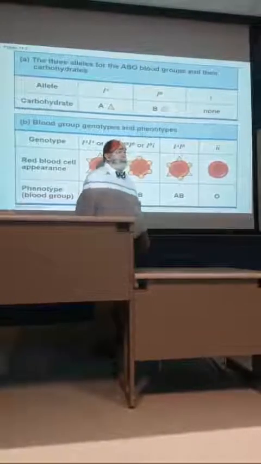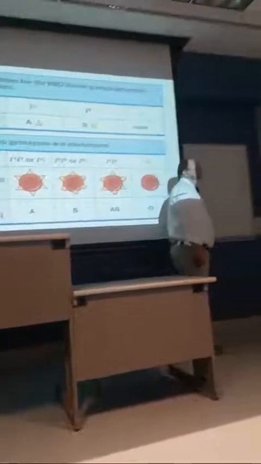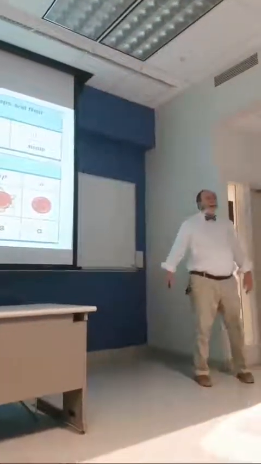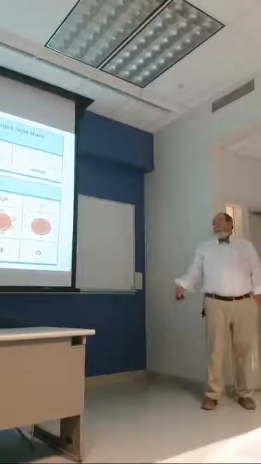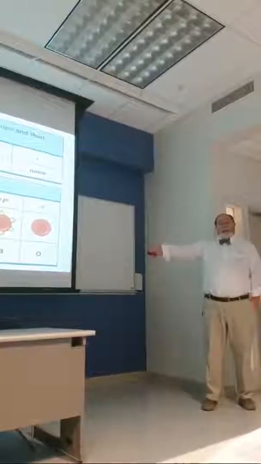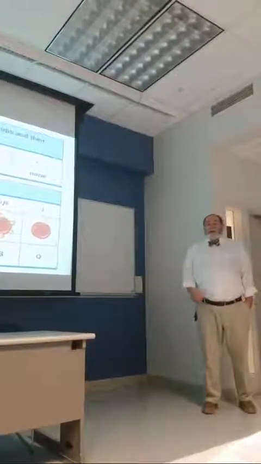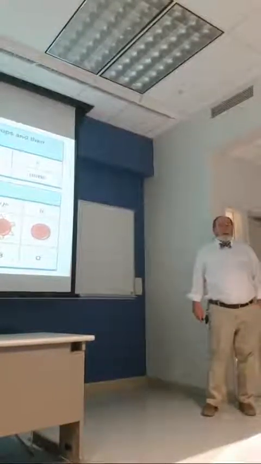Now, we ask this question, can a person who is type AB be the father of a child that's type A? Of course. He can give either allele. He can be the father of someone who's type A, father of someone who's type B, father of someone type AB. Can he be the father of someone type O?